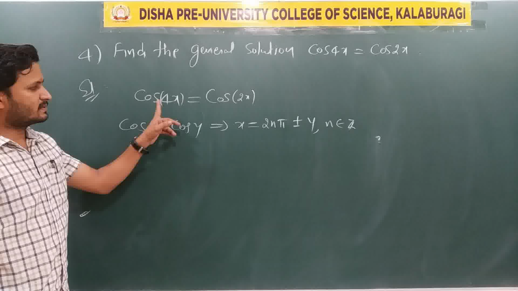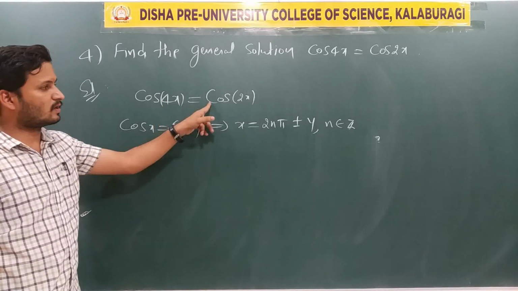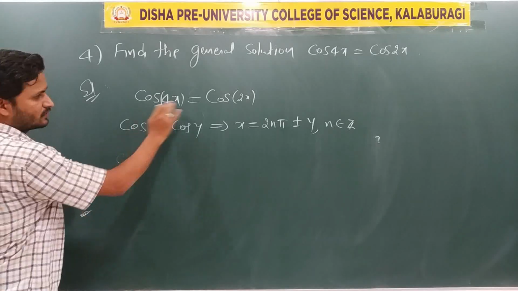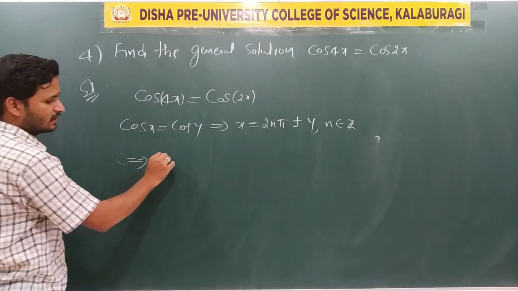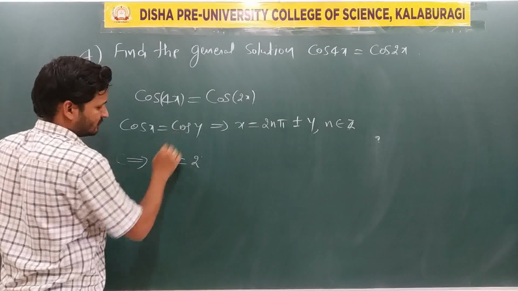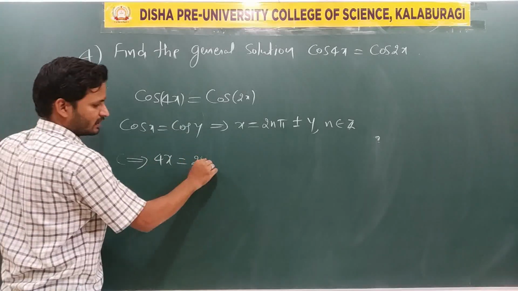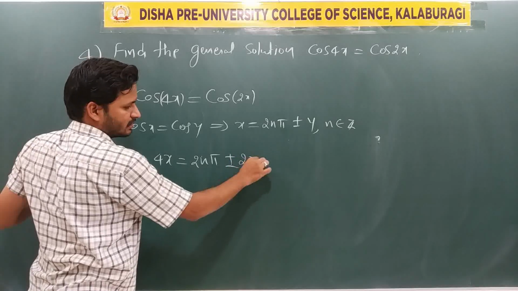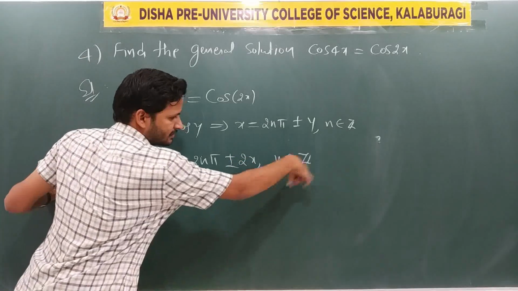Here cos x is cos 4x, cos y is cos 2x. So cos of 4x equals cos of 2x can be written as 4x equals 2n pi plus or minus 2x, where n belongs to the set of integers.